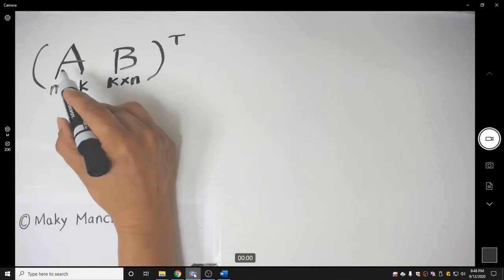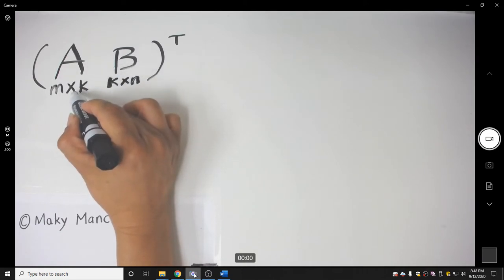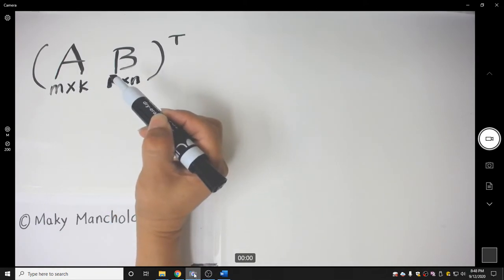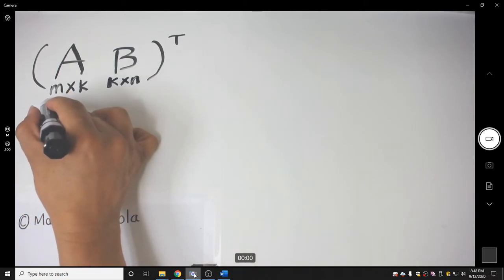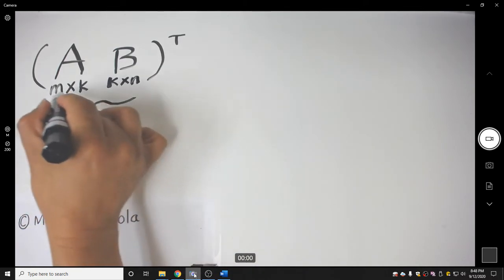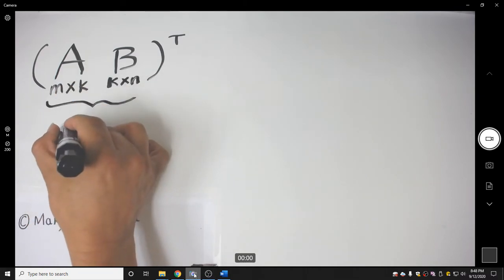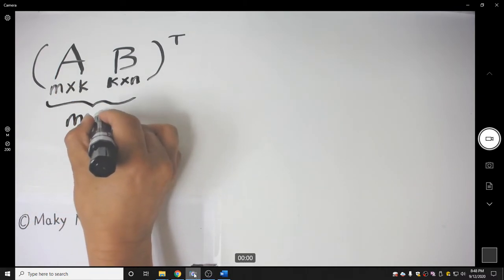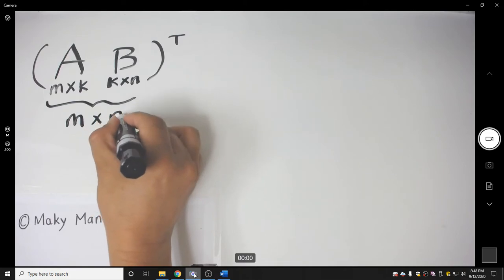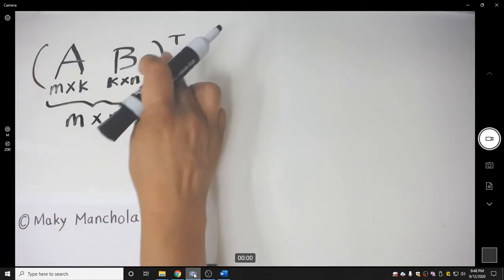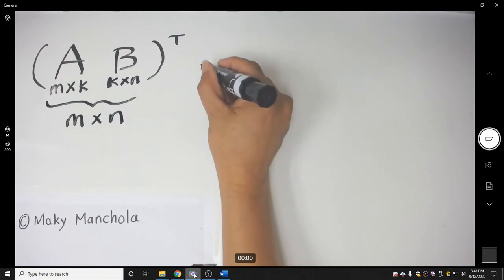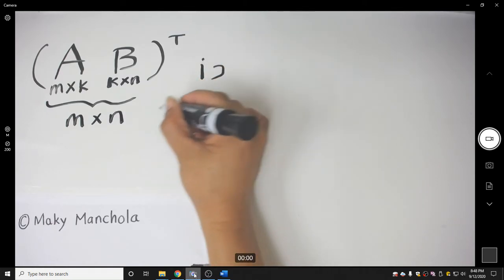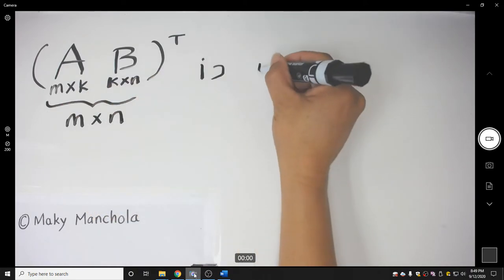So that's given. This multiplication is defined because the inner dimensions are equal. So that product AB is an M by N matrix. That's by multiplication of matrices. That means its transpose is N by M.